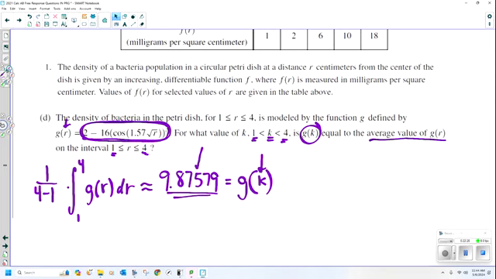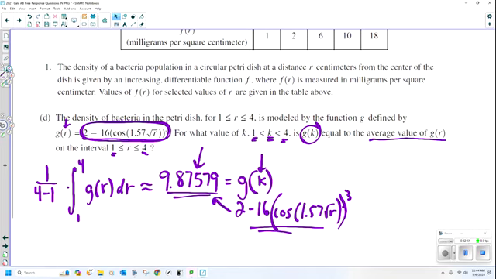Because I want to see where my equation, 2 minus 16 cosine of 1.57 square root of R, cubed, equals this. Just graph them both and see where they intersect. And the beautiful part is you only got to check between 1 and 4 on the x-axis. That's exactly what we're going to do.